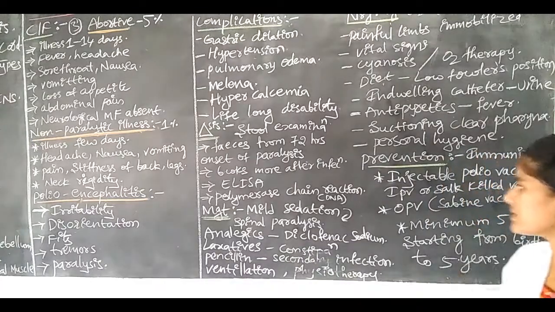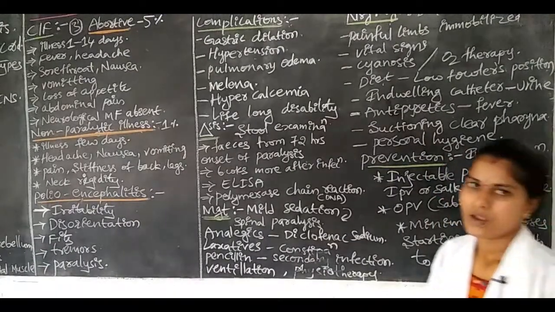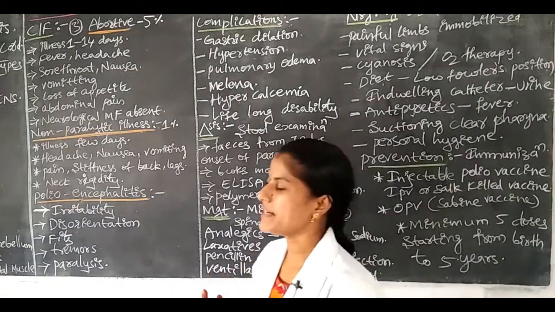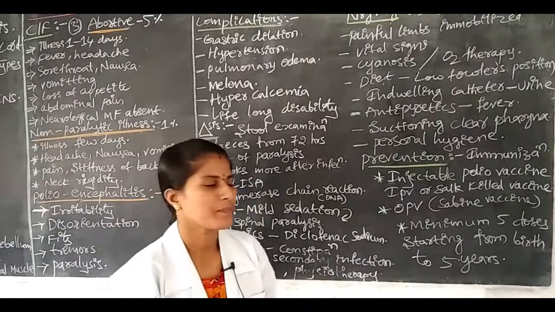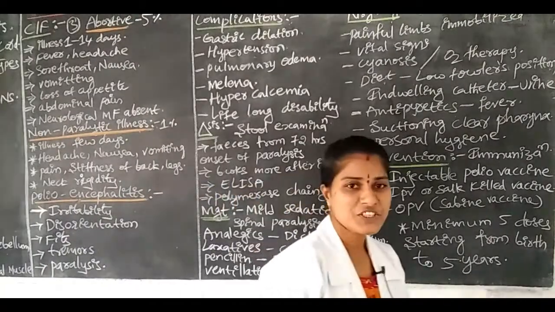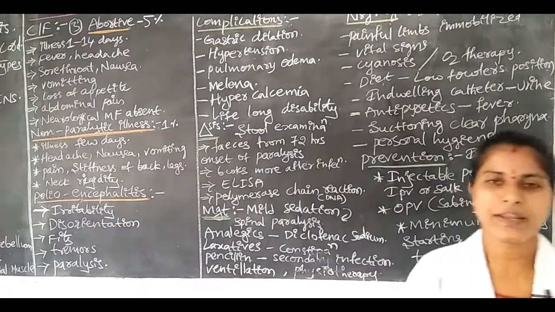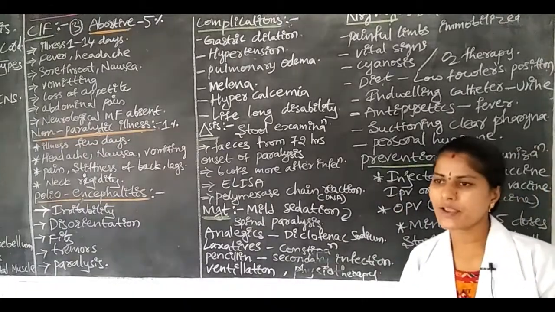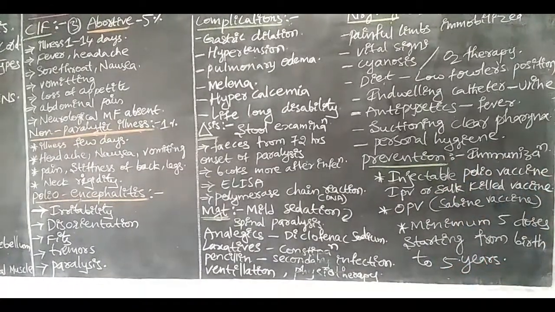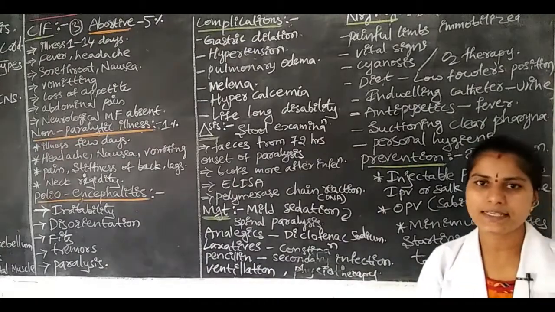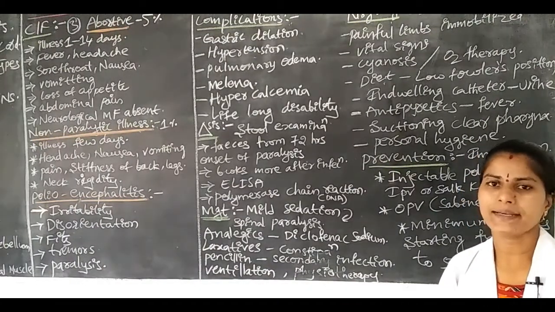Next, the last step, that is prevention. Okay, how is this disease prevented? With the administration of vaccines. Okay, by administration of vaccines, we can control or prevent poliomyelitis.